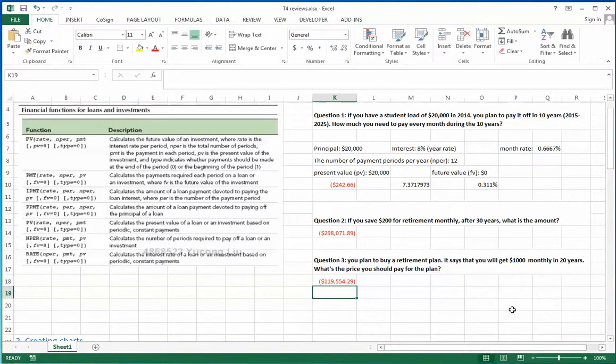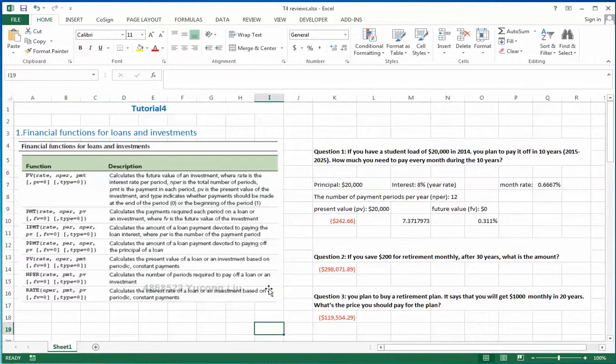So this means if you want to buy this plan today, the fair price will be 119,000. So if you buy this plan for less than this price, you get a good deal. If you pay a price higher than this number, you get a bad deal.